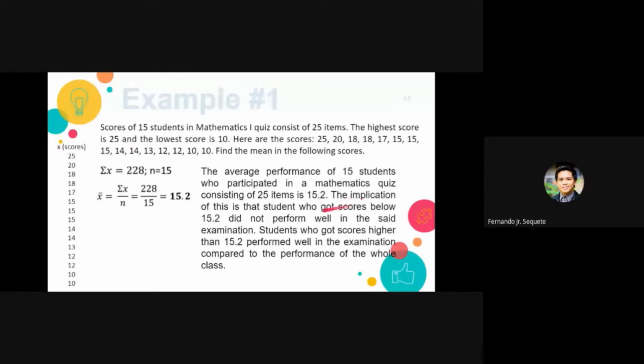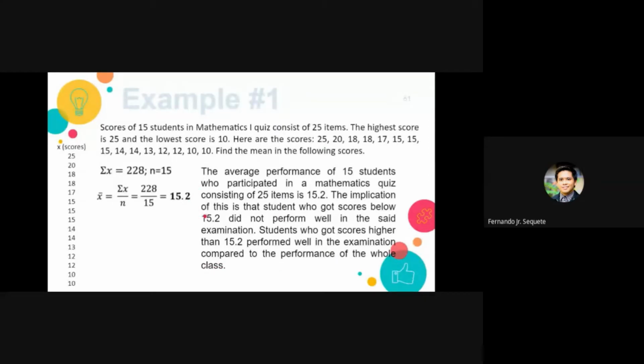The implication of this is that students who got scores below 15.2 did not perform well in the said examination. So please take note of how this interpretation was made, because this is a good practice by the time you will be writing your thesis. And of course, students who got scores higher than 15.2 performed well in the examination compared to the performance of the whole class.